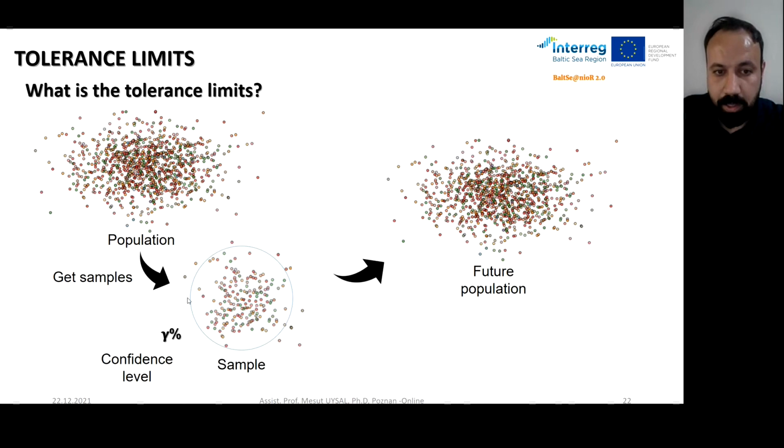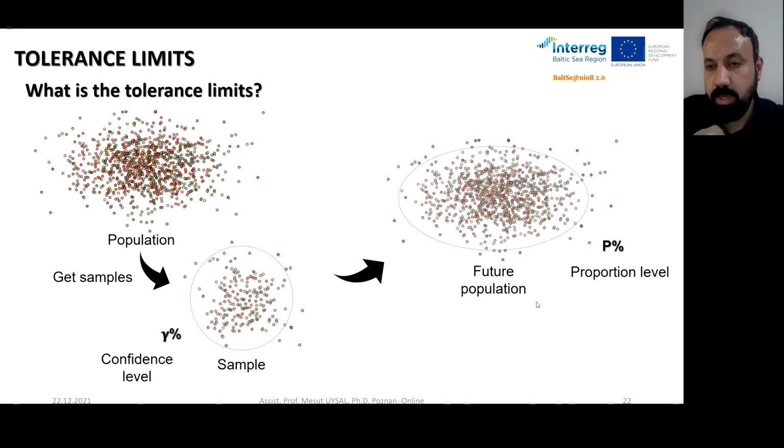In the sample test, I tested my limits and look at what the proportion level and coverage level is, and what percentage of the future population will be covered. In tolerance analysis, I am checking this. In a confidence interval, I am checking only the sample.